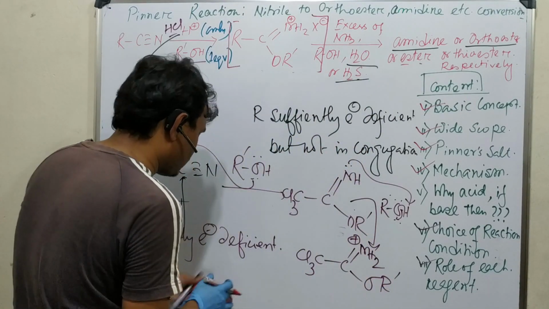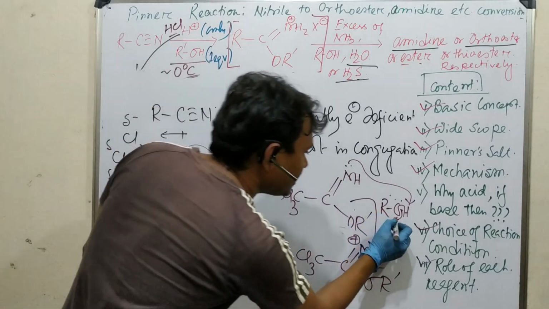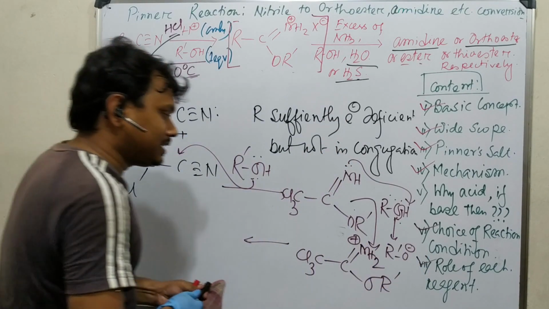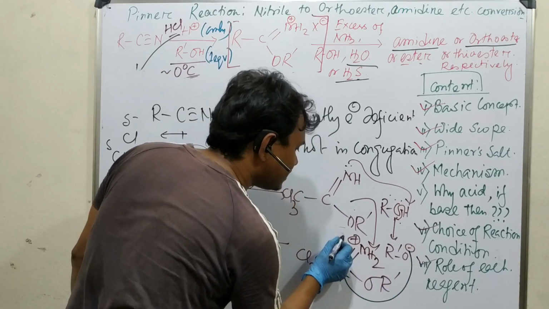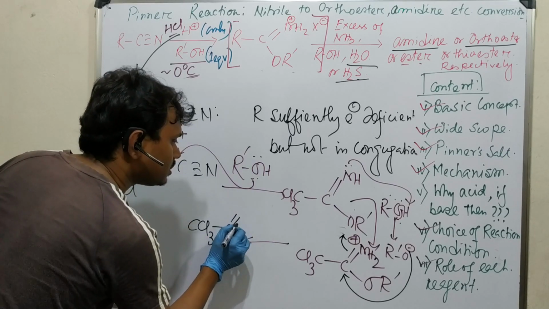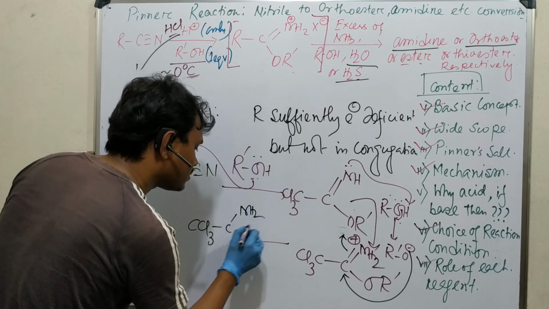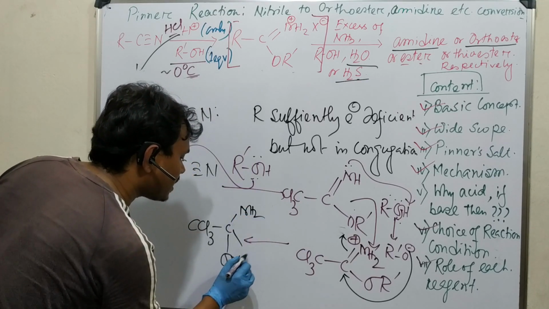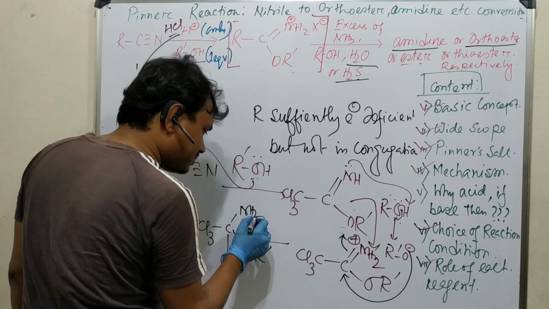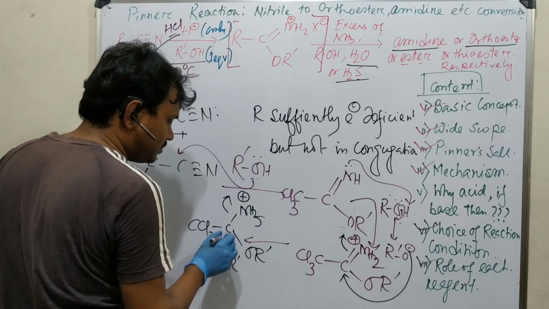Fine, so what is expected now? Again, R'O minus is formed, and this R'O minus, a good nucleophile, will attack here and it will open. CCl3, this is NH2, this is OR', this is OR'. Similarly, in the reaction medium it will be converted to NH3 plus, and it will eliminate.